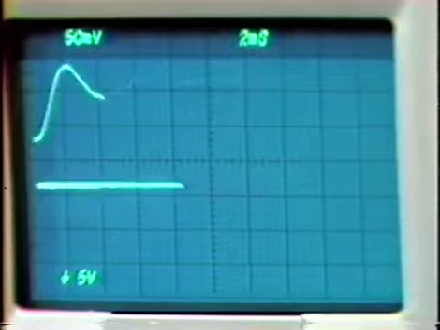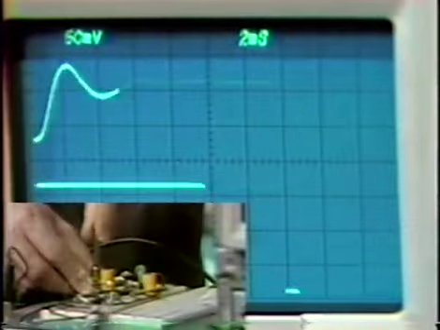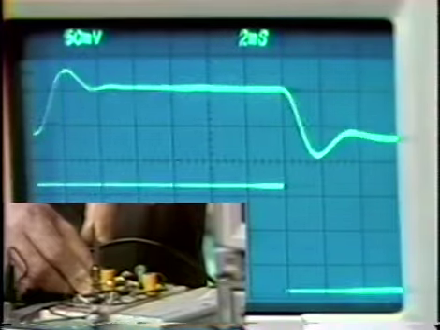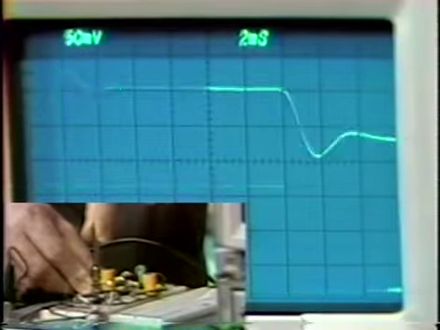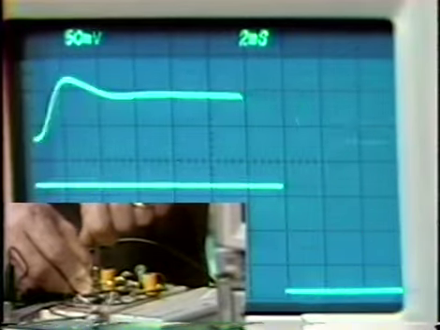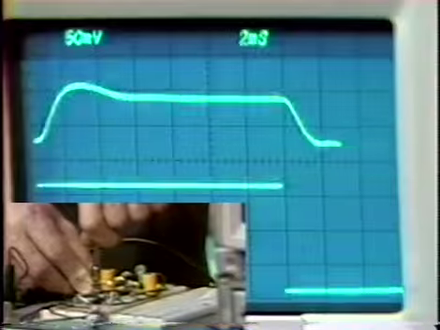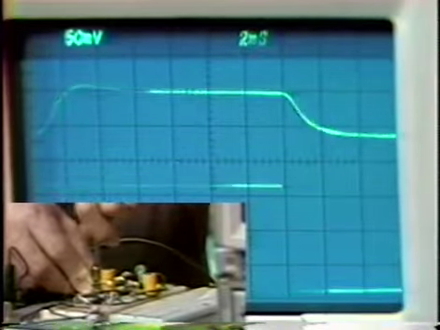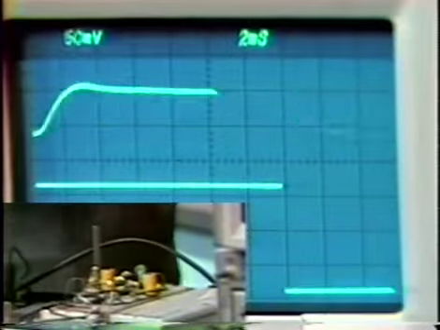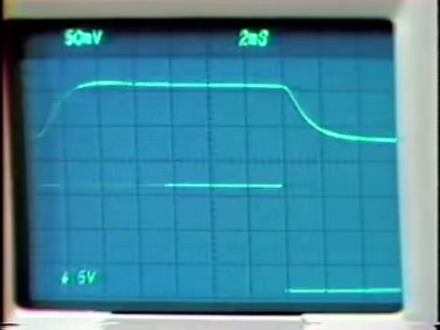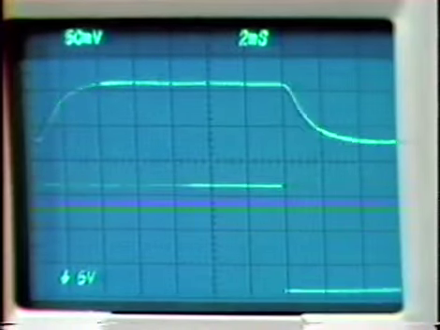Now I'll change the resistor that I indicated in the network, and as we go to smaller values of resistor, we should have relatively less stability in the system. Now this is going toward larger values of that resistor, and we get very close to first order kinds of responses as we make this resistor larger.